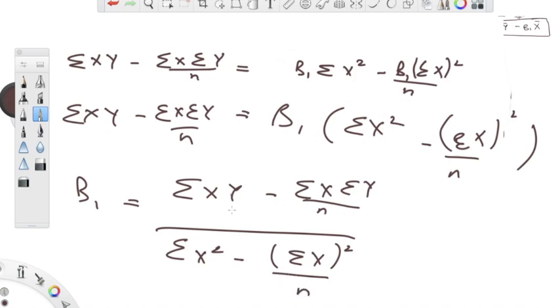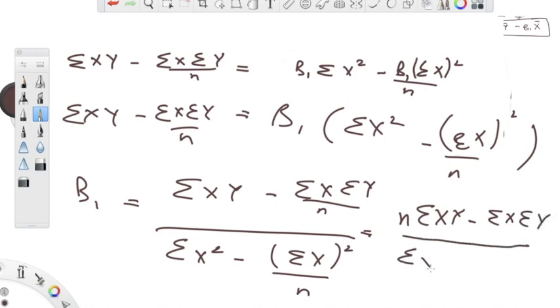Now you can multiply both the denominator and numerator by n, and you end up with n sigma xy minus sigma x sigma y divided by n times sigma x squared minus sigma x the whole square. And this equation over here is the value of beta 1.